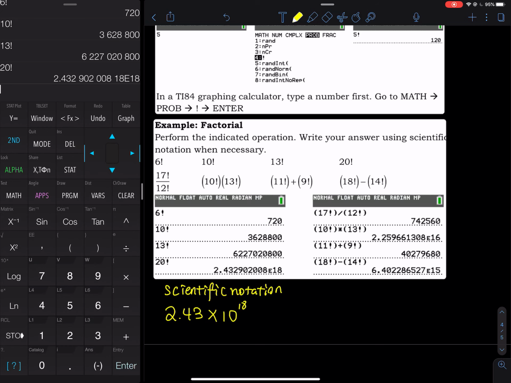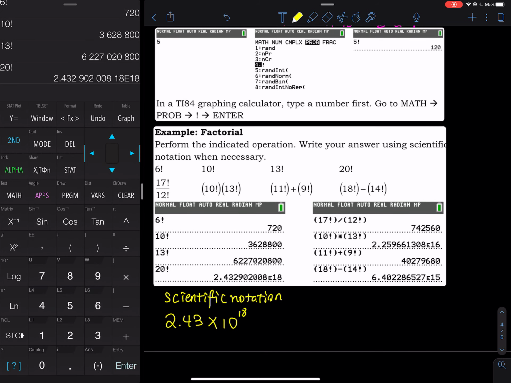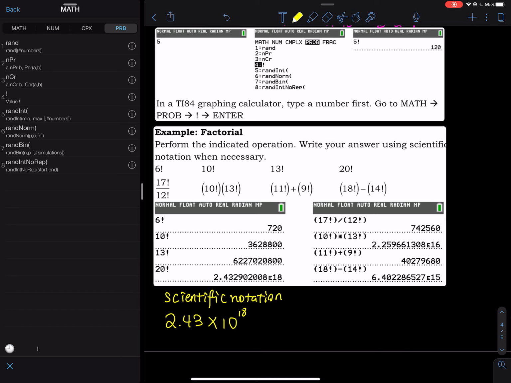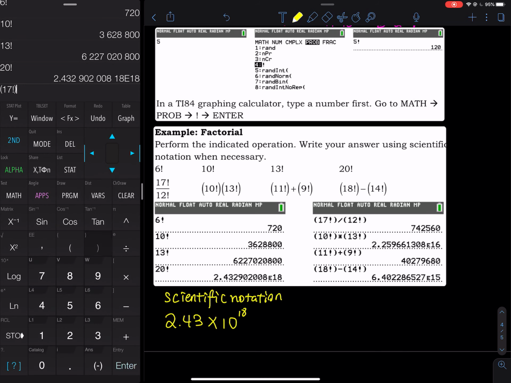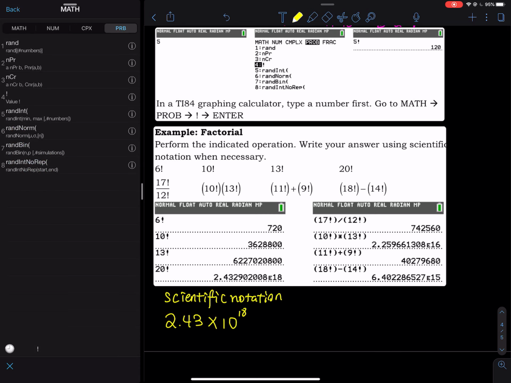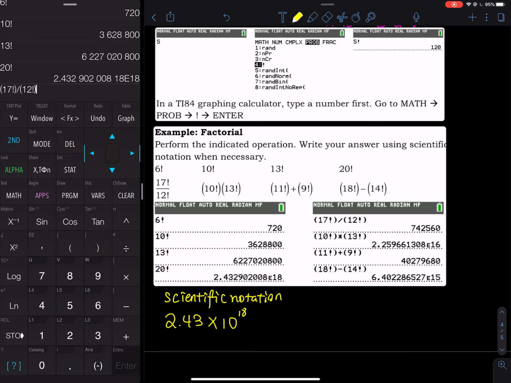All right, the next one, 17 factorial divided by 12 factorial, use parentheses. So 17, math, probability, factorial, close parenthesis, divided by open parenthesis, 12, math, probability, factorial. So you have this answer.